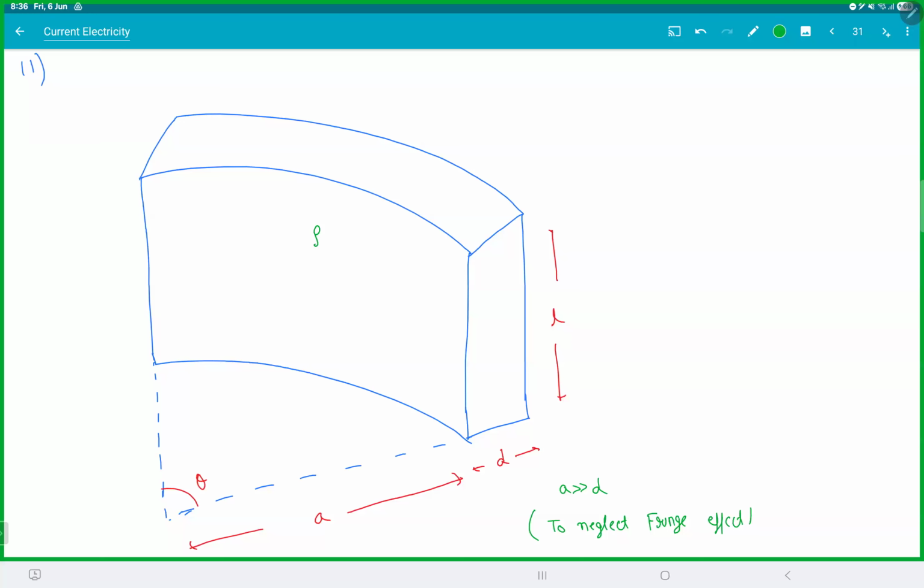Rho is the resistivity and N is the number of electrons per unit volume. So if you look at the same picture from the top view, this is how it looks.